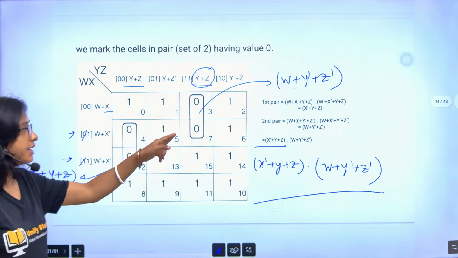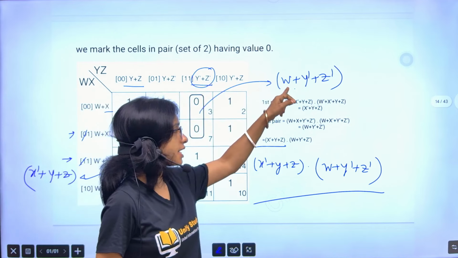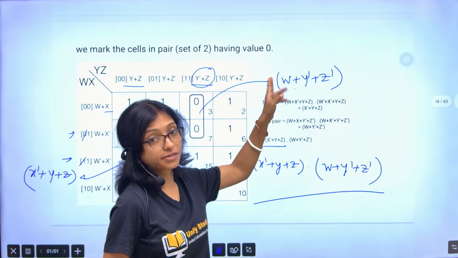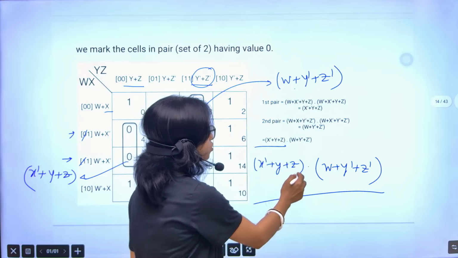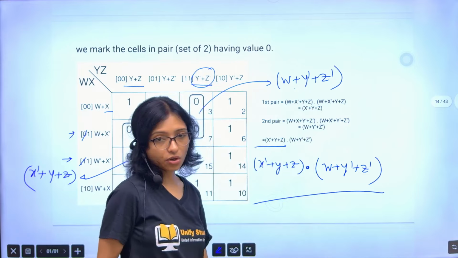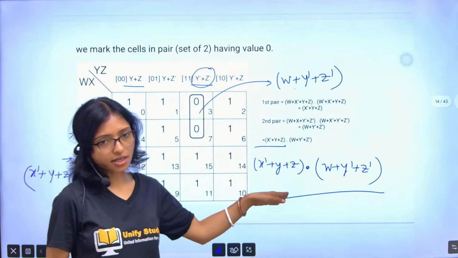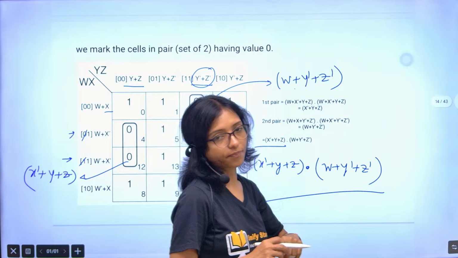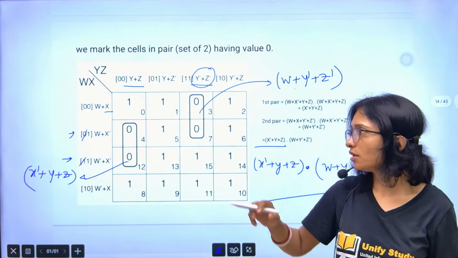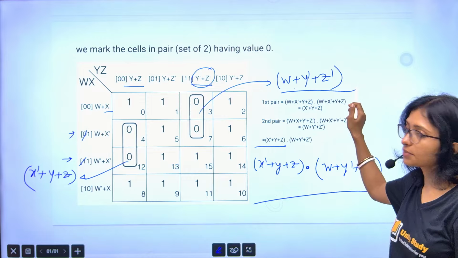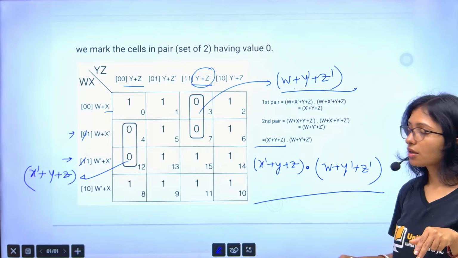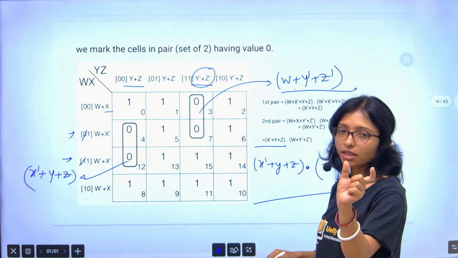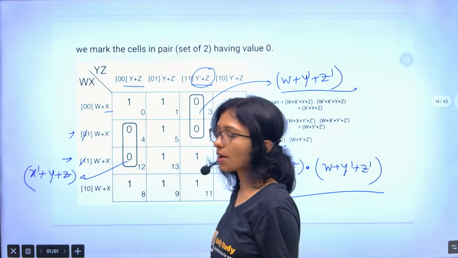In POS you write in sum terms, then do the product. That's why write in sum terms and after that do the product. For each and every grouping here you make the sum term and then do the product. And for SOP, for each and every grouping you make the product term, then do the sum.